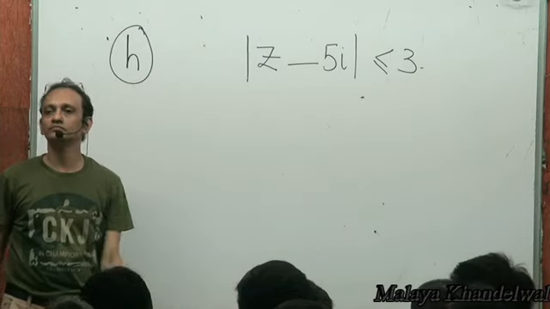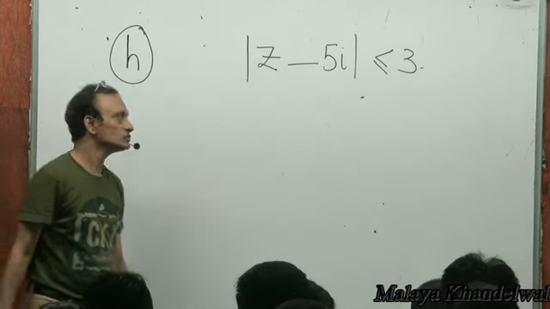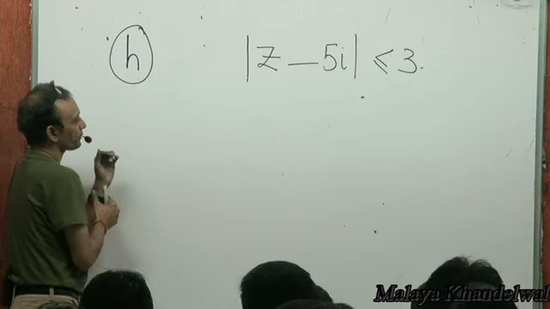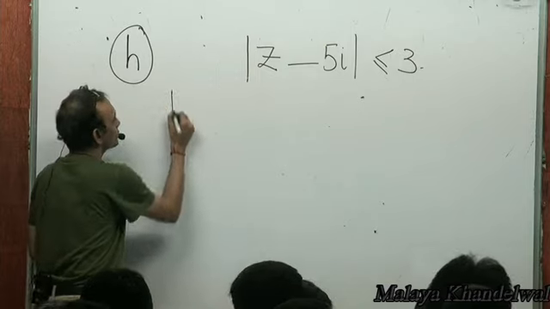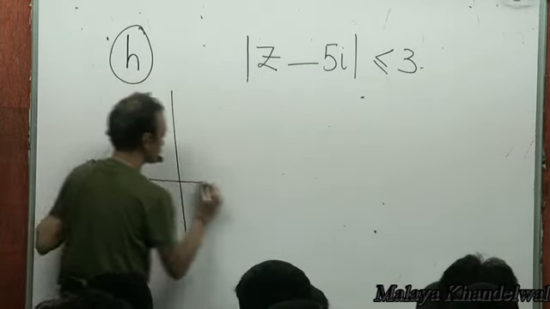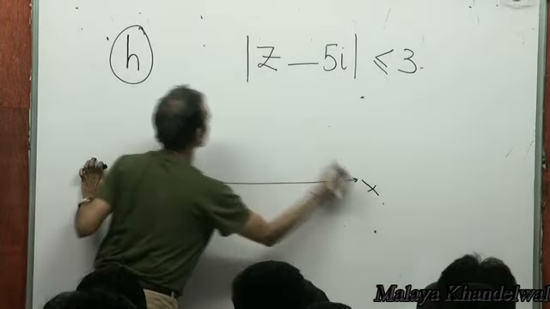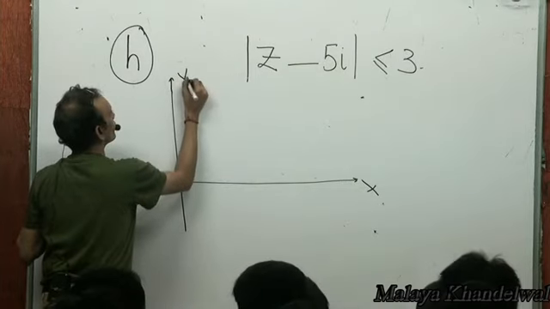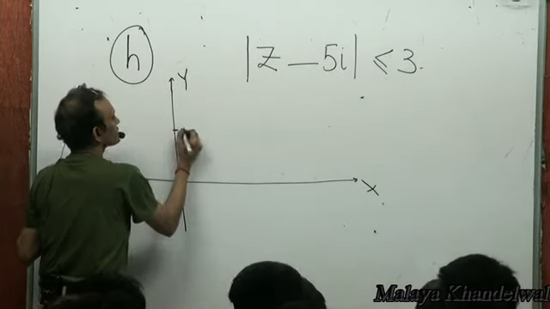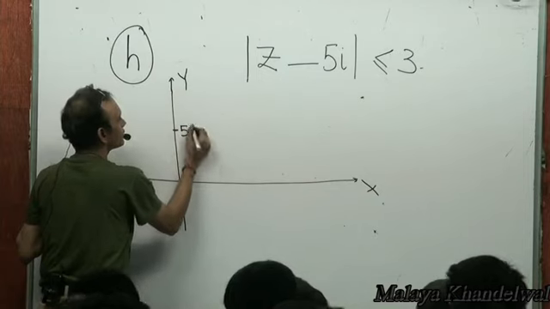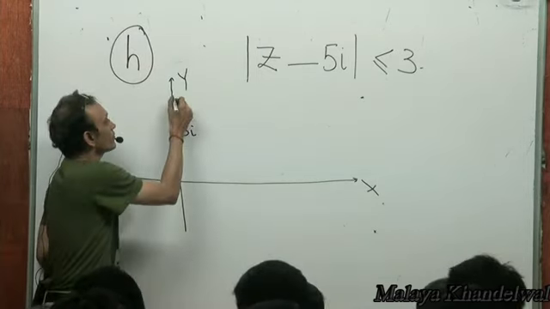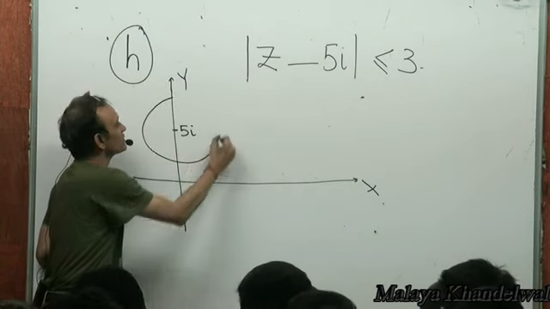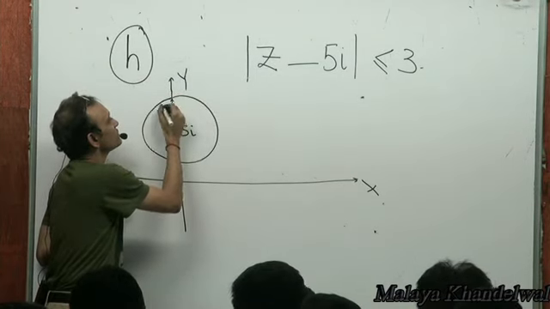Now, this is 5i. Will be a point on the y-axis. This is a circle of radius 3.